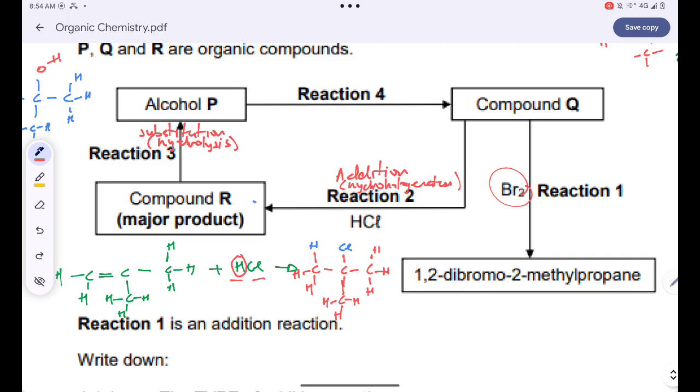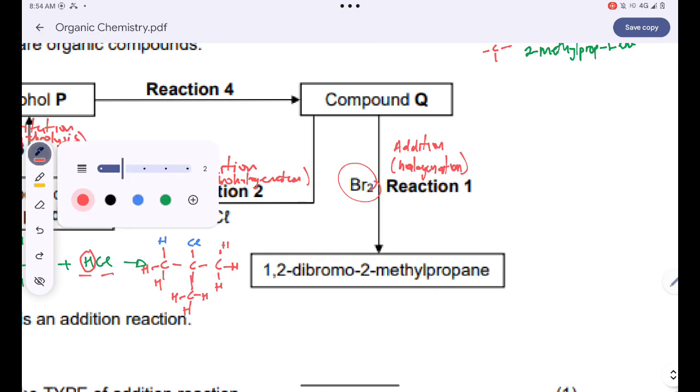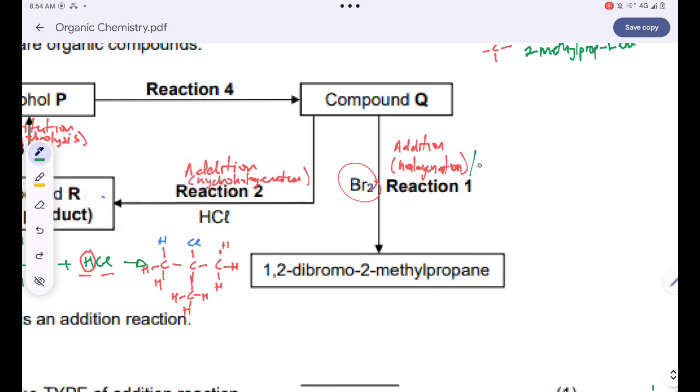And then for reaction 1, it was also addition, and the type of addition reaction, it was halogenation, and the type of halogenation reaction, it's called bromination.